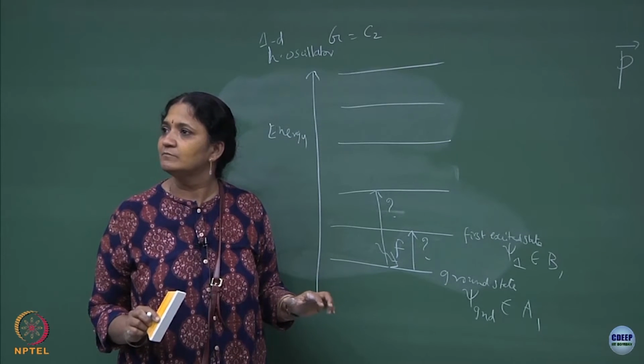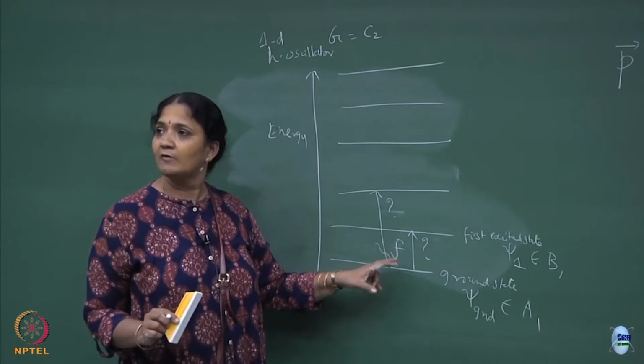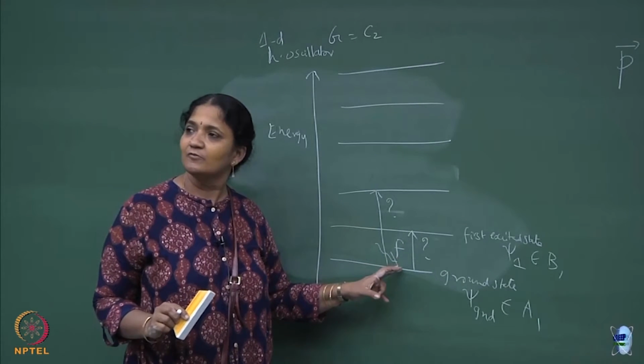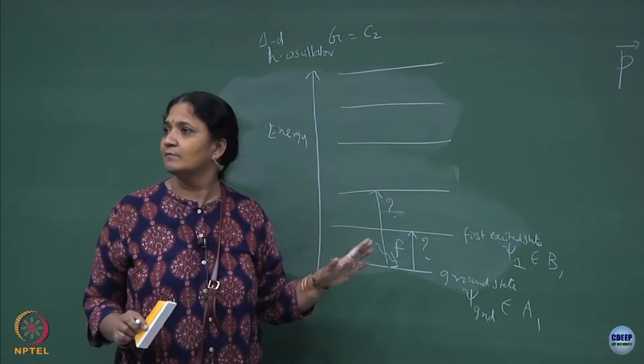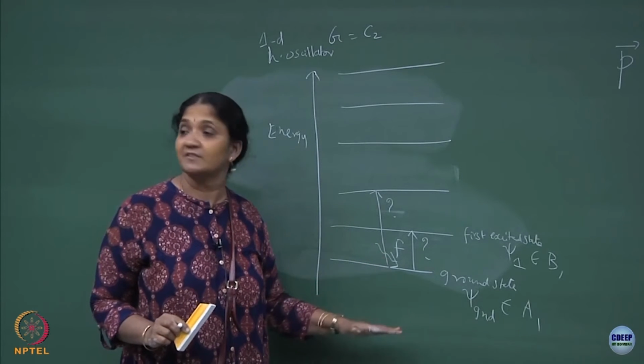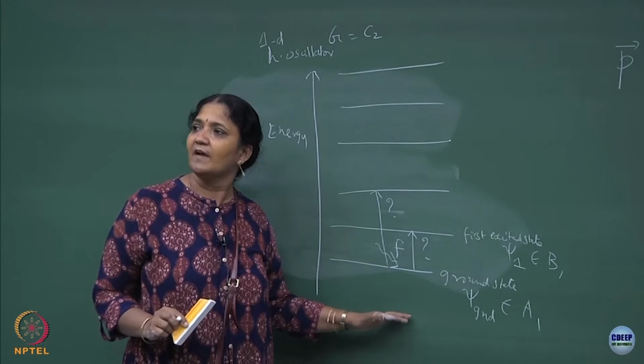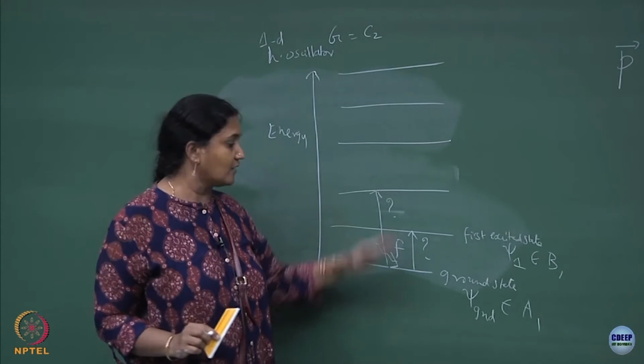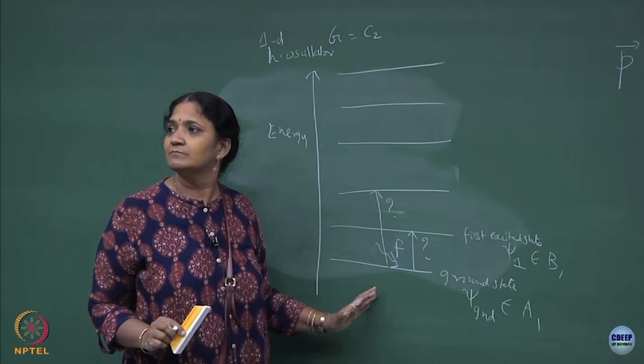This observable is also associated with the irreps. Is that clear? So, this is the question: can we find a transition to happen?